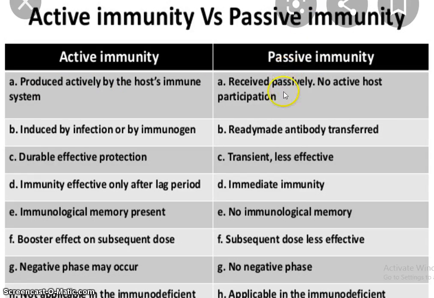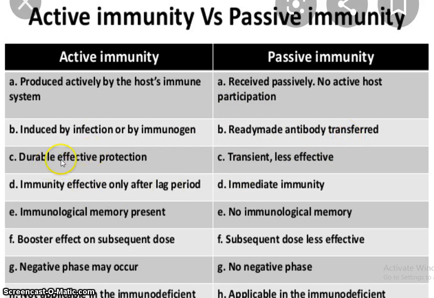Here we receive the antibodies passively, which means our body does not produce the antibodies, we get the prepared antibodies. Second, active immunity is induced by infection, and here there is no activation of the immunity, we get directly ready-made antibodies.